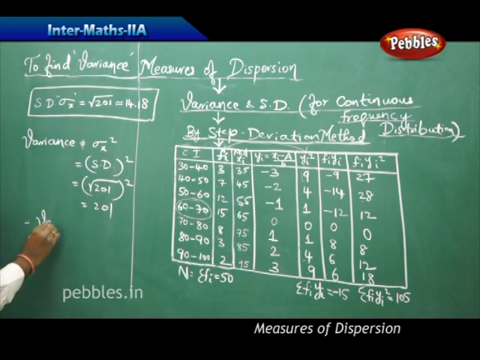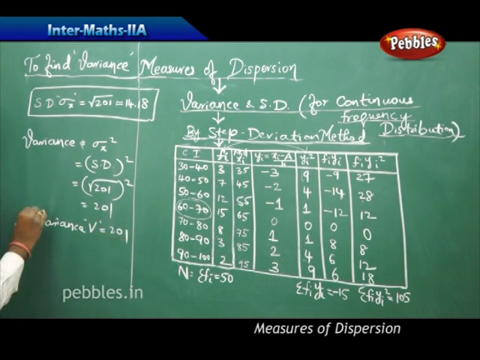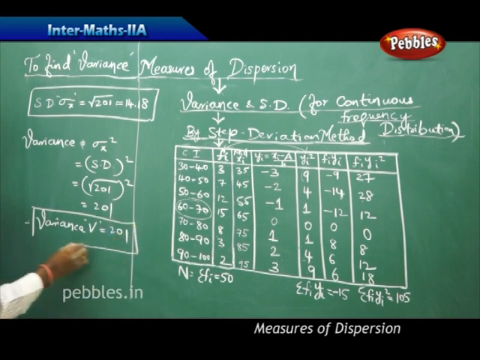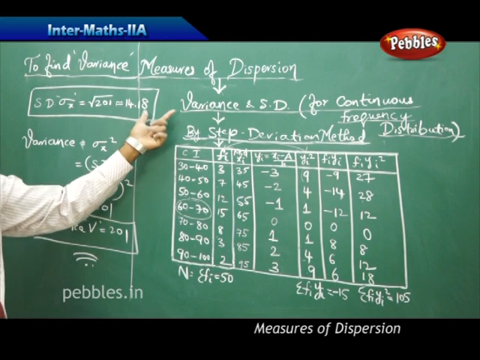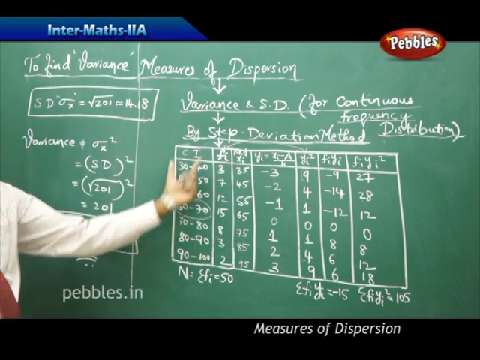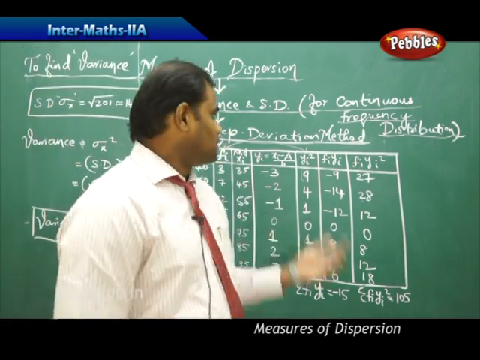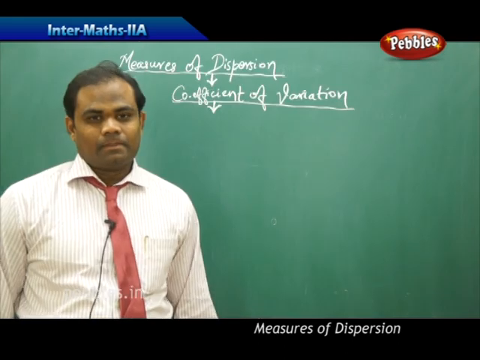Therefore, my variance V is equal to 201. So my standard deviation is approximately 14.18 and my variance is 201 for the given problem with the class interval and frequency using the step deviation method.